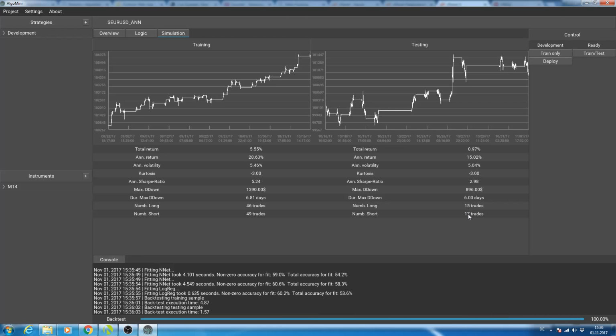Now, mind you, this result is only produced by 15 long and 17 short trades, so that's not very many trades, and I would be careful deploying this strategy right now. You would need to do more testing on that, of course, but this quick example shows you how you can use Allgemeiner to create very, very powerful strategies.